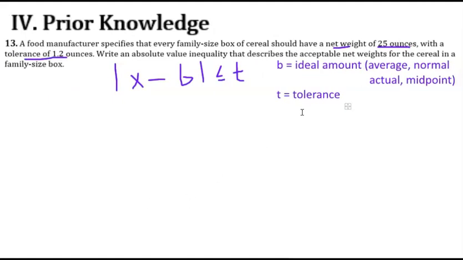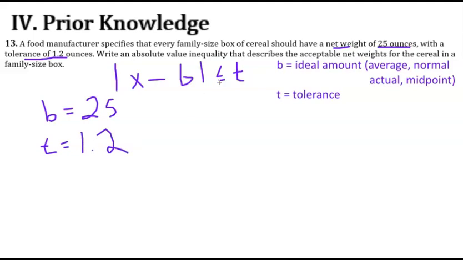And so from there, we'll identify what that ideal amount is. So it would be 25. And then the tolerance would be 1.2.